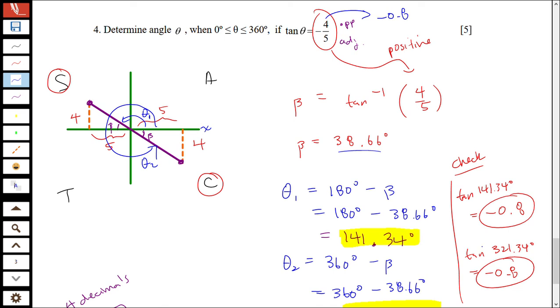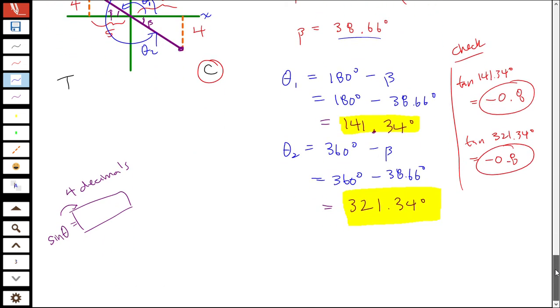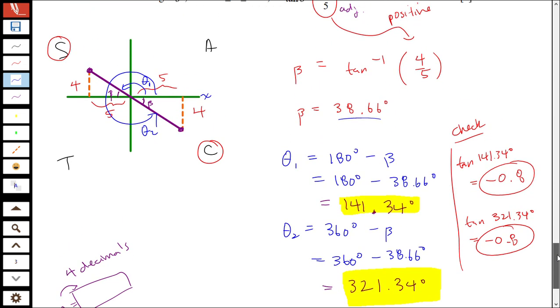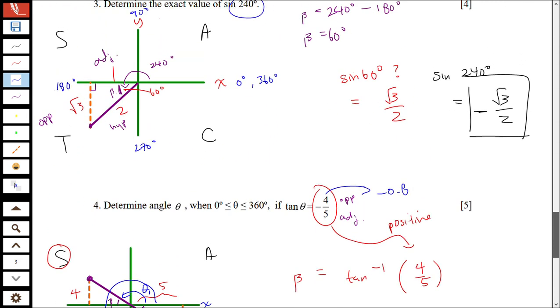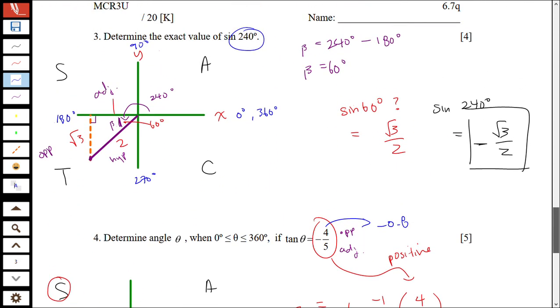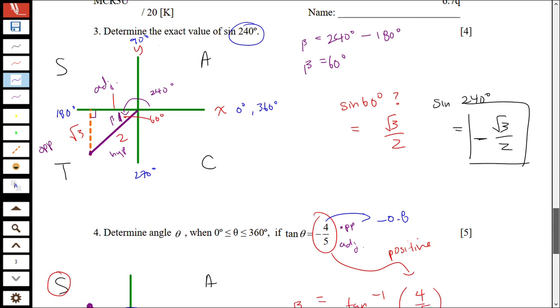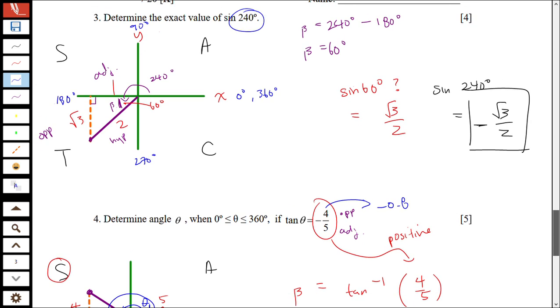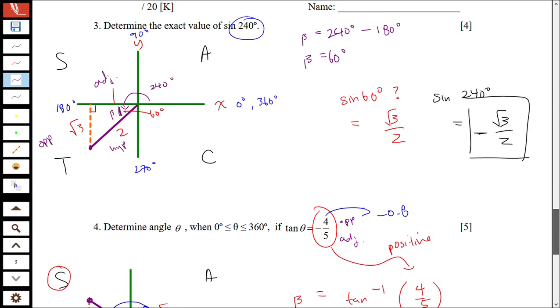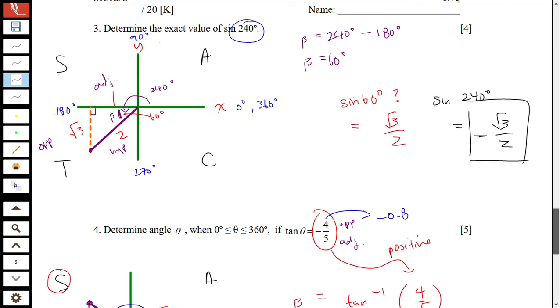So when you do the check, it might not come up as the exact decimal because we rounded. However, you should be getting a value that is pretty close to -4/5. So that's how you can check your answers. And always, when you're done, go back and make sure that you are getting those values. Usually, when I'm doing a test or a quiz, even for stuff like number 3, you can also check your answers.